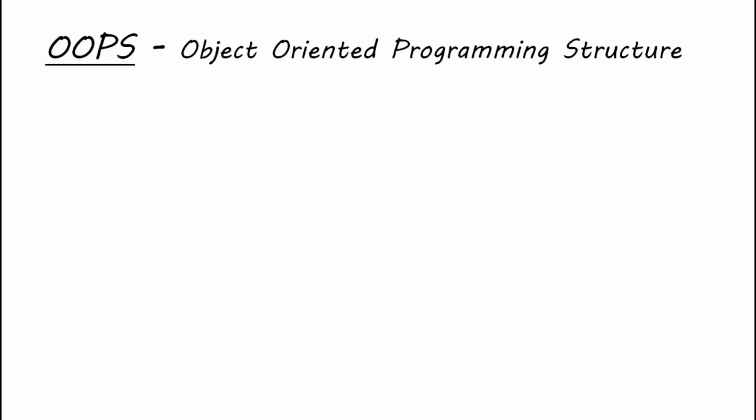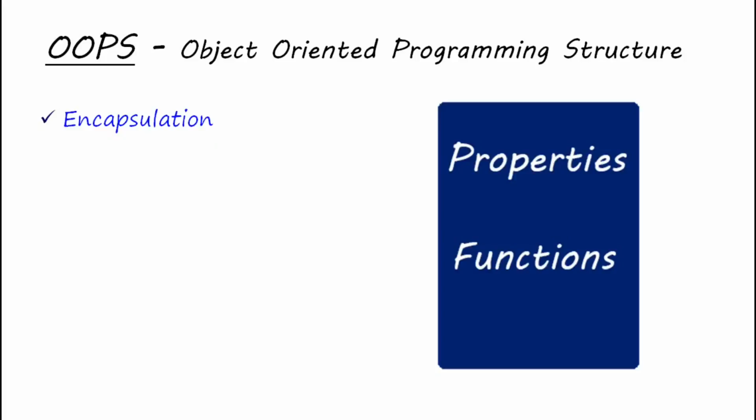Now let's talk more about OOPS, that is object oriented programming structure. It has 5 basic points. First is encapsulation, that is you bind your properties and your functions together at one place.